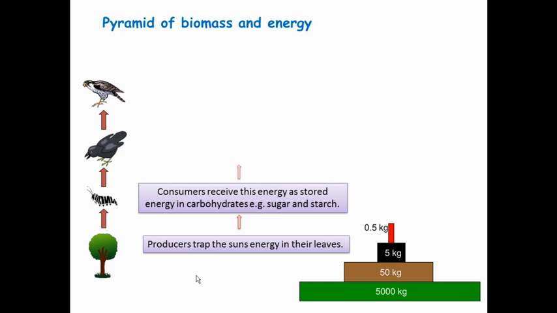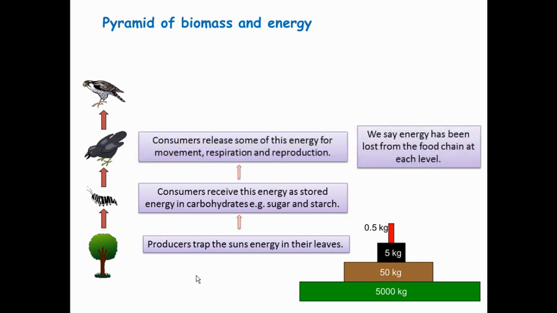So some of that energy is going to be used, okay? So for respiration, movement, reproduction, think about the things you use energy for. Well, animals are going to use it for the same things, okay? So at each stage, we're losing some of that energy that's being consumed because we're using it for ourselves, okay? So we say energy has been lost from the food chain at each level, okay?